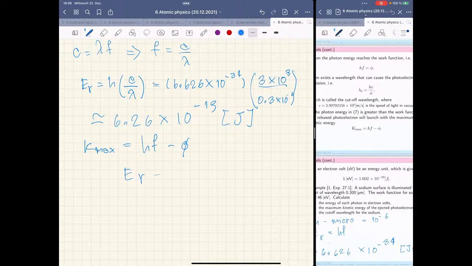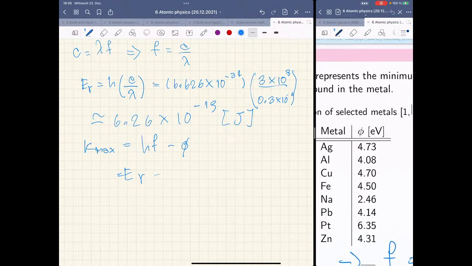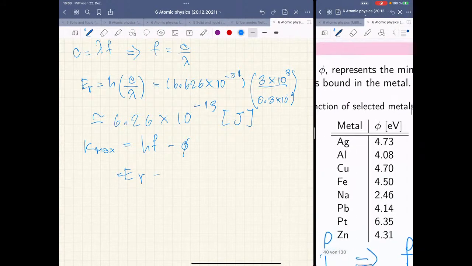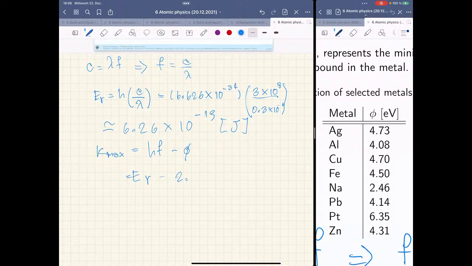It's E gamma minus phi, which is the work function for sodium, 2.46 eV.